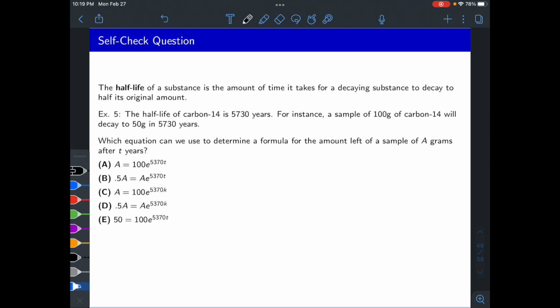Let's think about it. Let's say that the amount after T years is just going to be A times e to the kt, where A is our original amount.